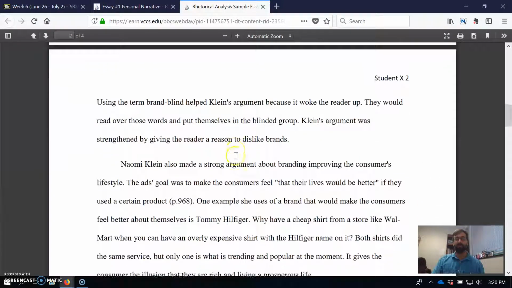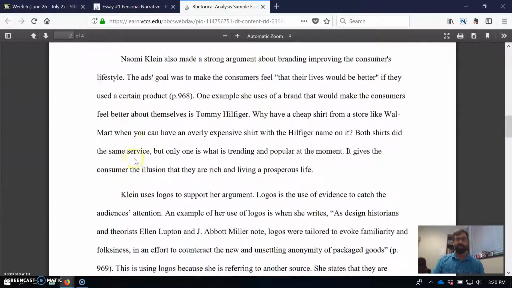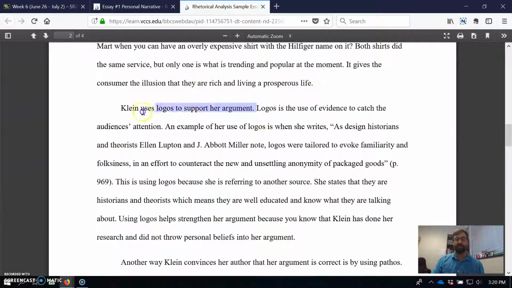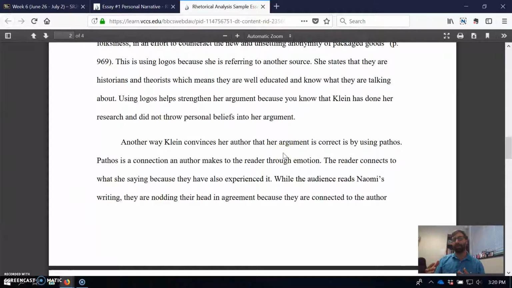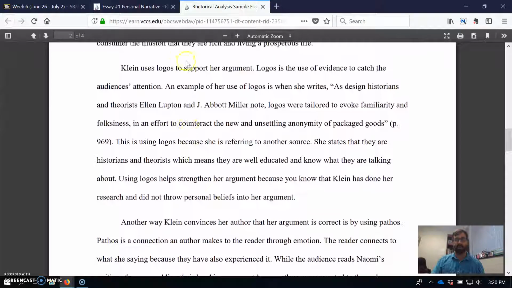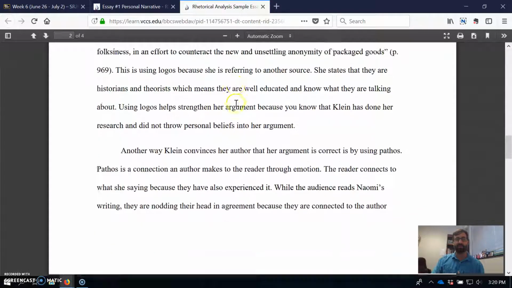But one of the things I want you to look at is the topic sentences, those first sentences for these body paragraphs. This is a really well-structured essay, and I think you can kind of take a look at the sample and use that as a way to think about structuring your own essay. We can see this paragraph here is going to concern itself with logos.